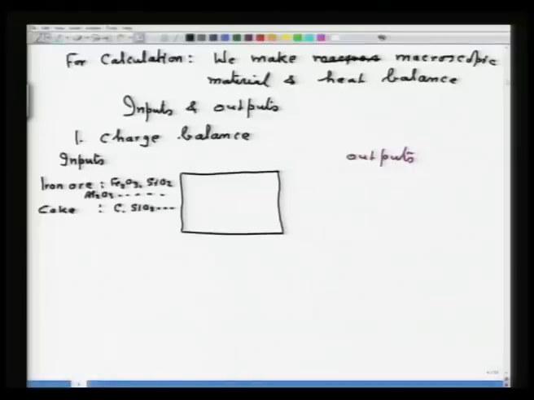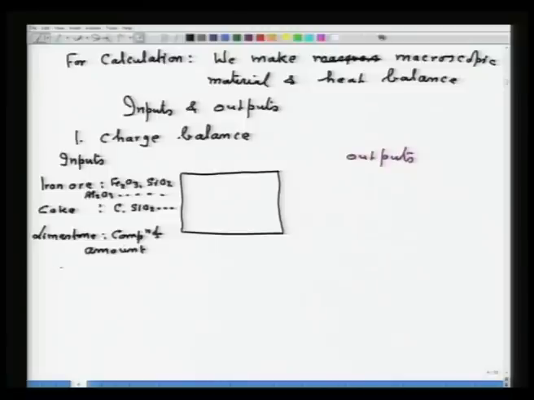The third input is limestone. What is the composition? Say the amount of SiO2, CaCO3, Al2O3 and so on.